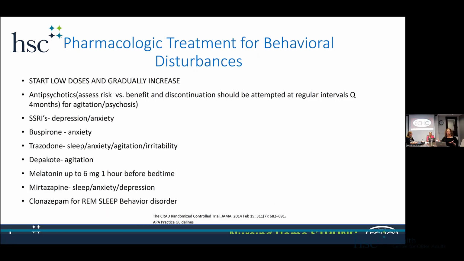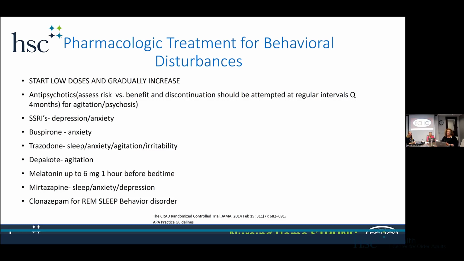How do we want to help the patient have the best quality of life under the circumstances? And I know that, and this is one of the things that we're going to talk about today, is the risk of using antipsychotics in this patient population. There are risks obviously associated, and so we want to lower the risk as much as possible.